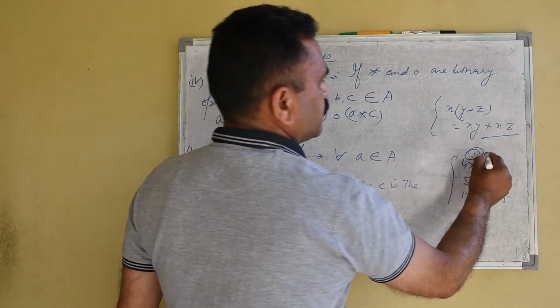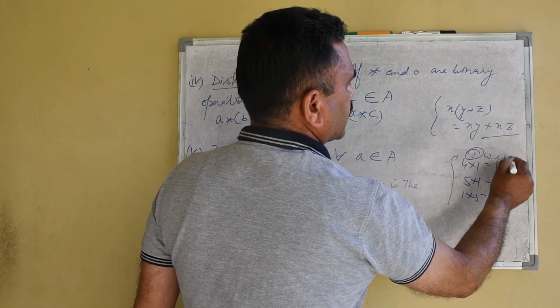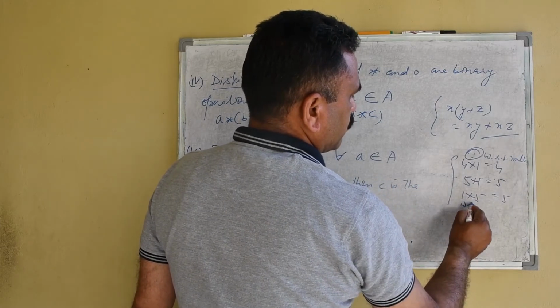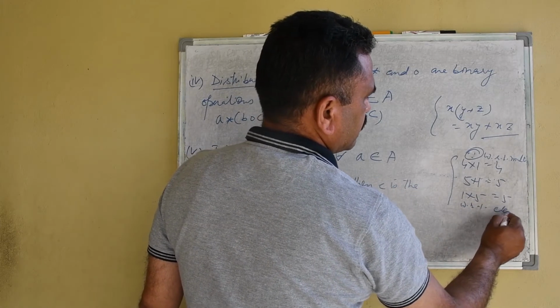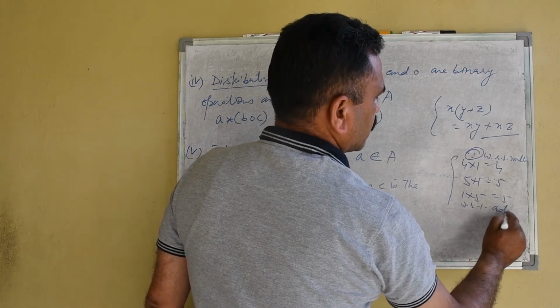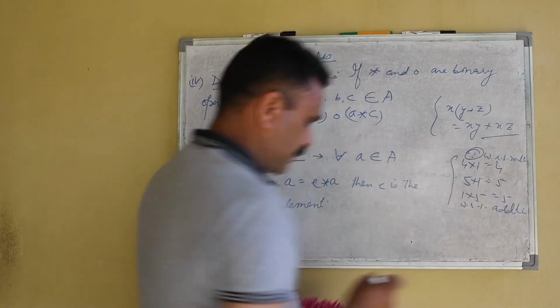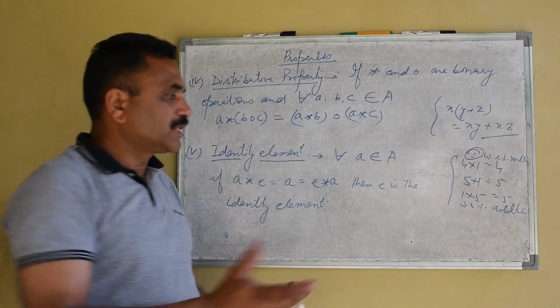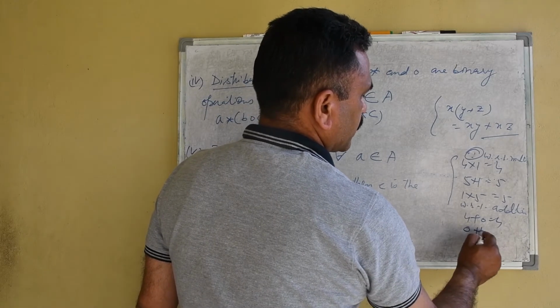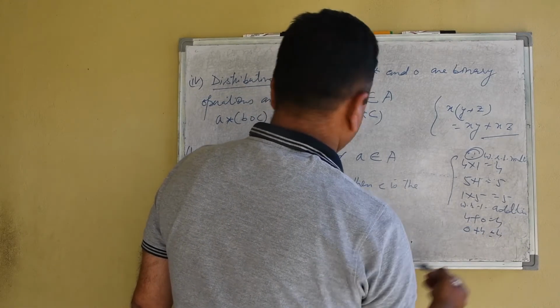And with respect to addition, what is the identity element? 0 is the identity element because 4 plus 0 is equal to 4, 0 plus 4 is equal to 4, and so on.